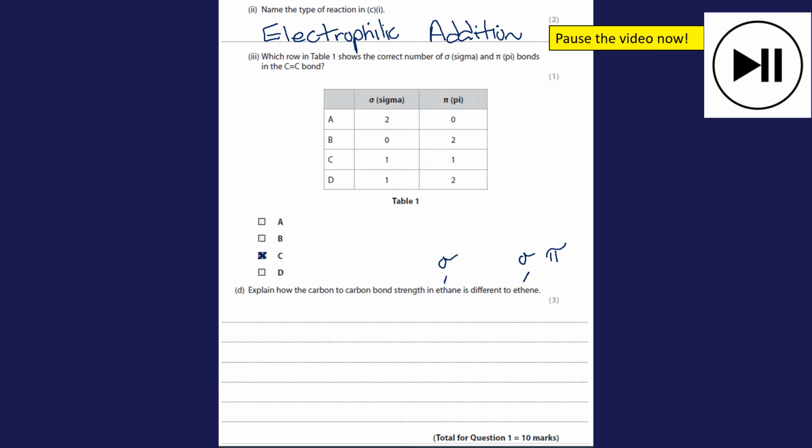The sigma bond is a shared pair of electrons, and ethene will have 2 pairs of electrons due to the sigma and the pi. If I was to say any more, I'd start waffling, but any 3 of those points.